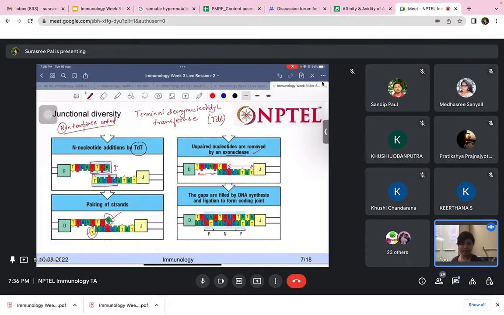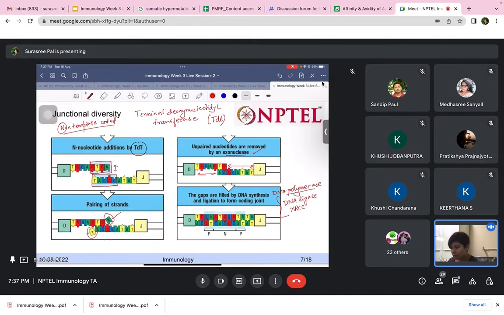So this gap is now filled by DNA synthesis, by DNA polymerase. The complementary nucleotides are synthesized by the DNA polymerase, and then a complex of DNA ligase and XRCC ligates these gaps, right? So these gaps are filled by the DNA polymerase and ligated by the DNA ligase and XRCC complex, right?